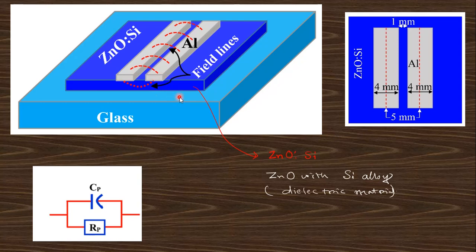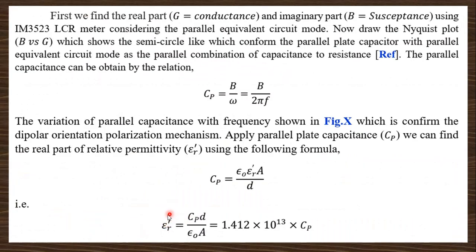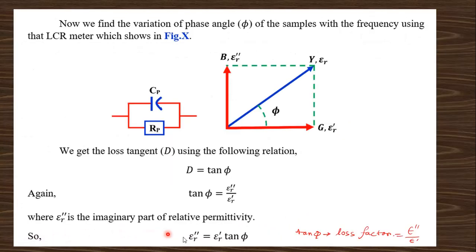So this structure gives you the capacitance. First this meter actually measures the capacitance, and after measuring the capacitance it gets the real part of the dielectric constant using this parallel plate capacitance, and from this real part of the dielectric constant you get the imaginary part of the dielectric constant. So this mathematical calculation happens within the instrument, and you finally get the values of epsilon prime and epsilon double prime, that is the real and imaginary dielectric constants, with variation of the frequency.